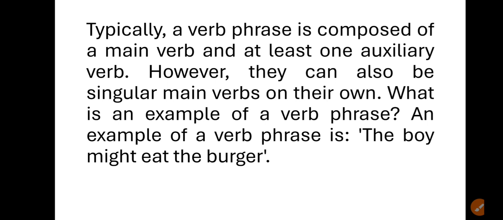However, sometimes just a single main verb may be there on its own. What is an example of a verb phrase? The boy might eat the burger. The boy is the subject, and might eat is the verb phrase.